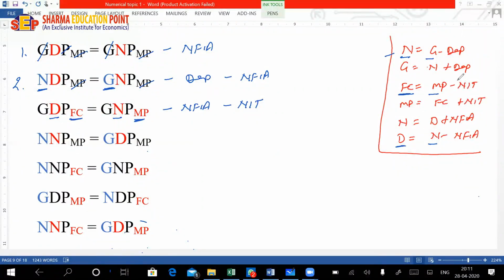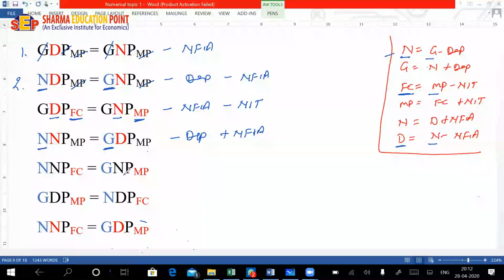So it is very simple to convert, just concentrate on the points and you can also solve it. If you have any problem, pause the screen and watch again. Now net gross means net gross minus depreciation, ND plus NFIA, and MP same.